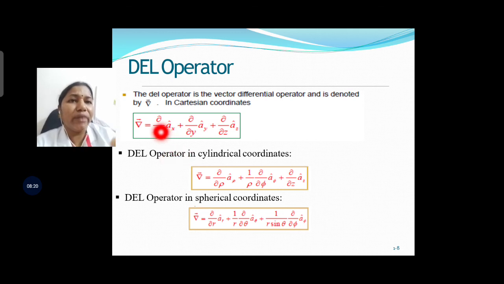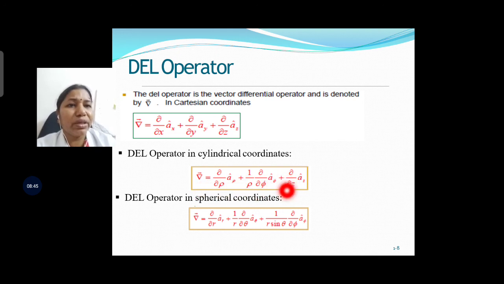So we can write this equation del for cylindrical coordinate system with coordinates. Here x y z is written. For cylindrical we have to use rho phi z. For rho we have to write dou by dou rho a rho and 1 by rho dou by dou phi a phi plus dou by dou z a z. This is for cylindrical coordinate system.